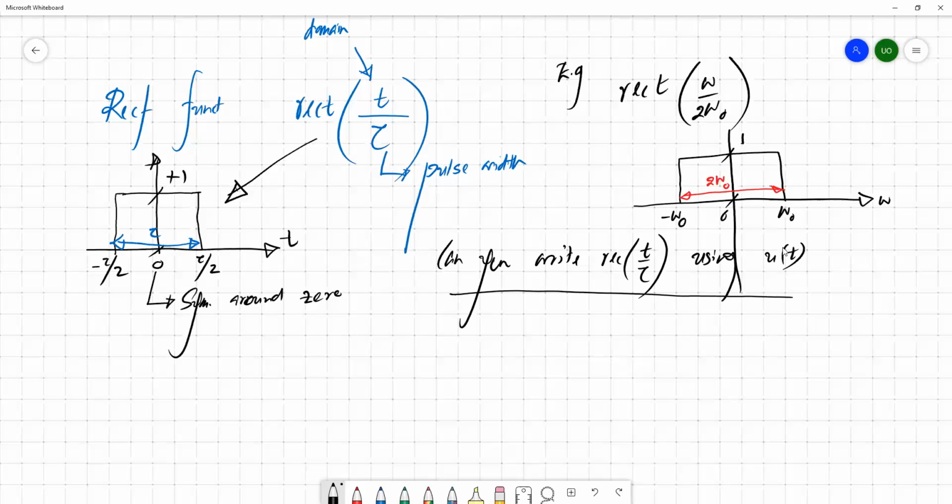Yes. So the rectangular function is something like that. So you can do it like that. We can generate one unit step like this.